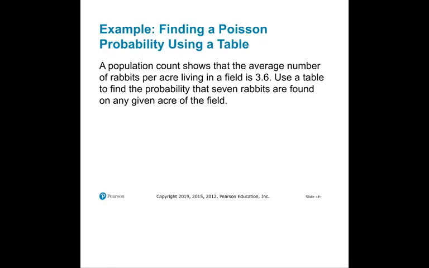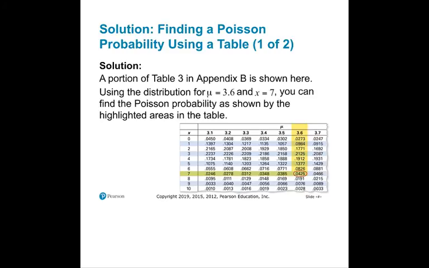So there's an appendix in the back of our book. So we want x to be 7, and our average was 3.6. So then they intersect here at 0.0425. Or 4.25%. Okay, so you see our x here, our mu here, and that's essentially it.